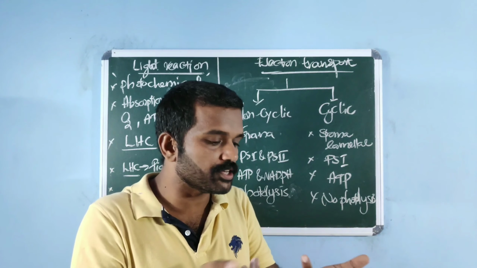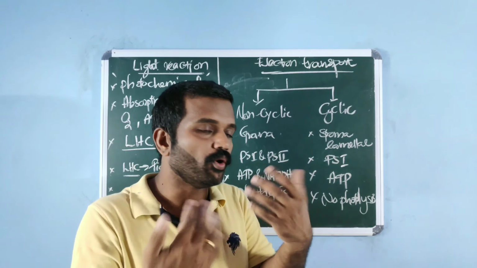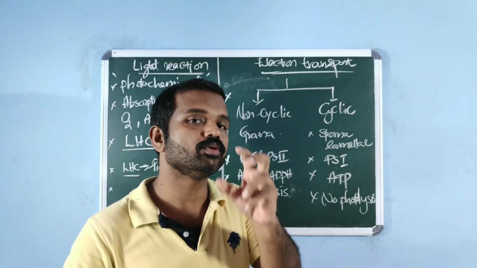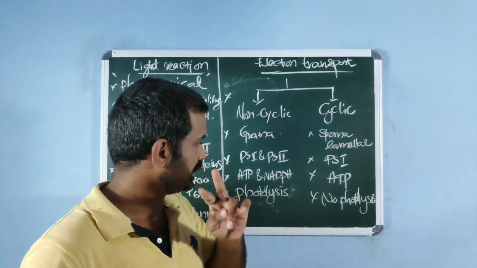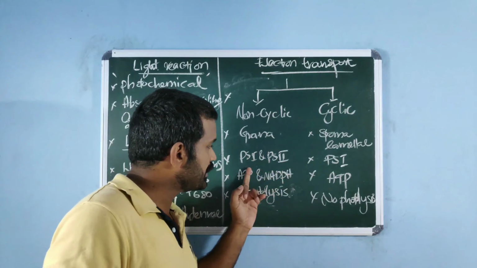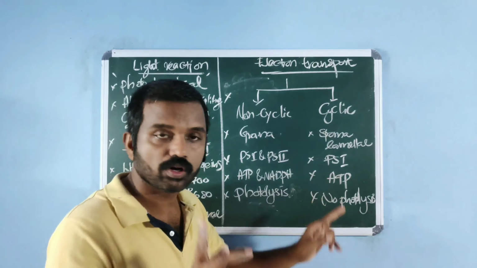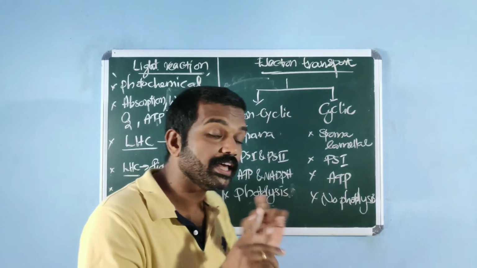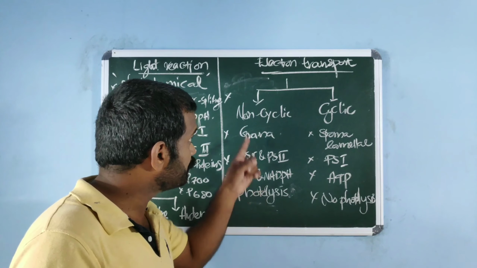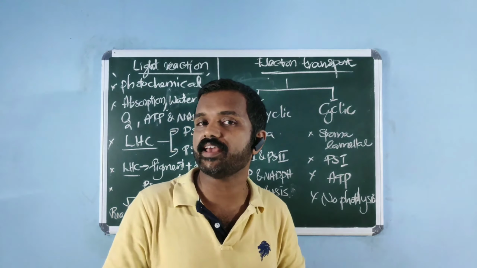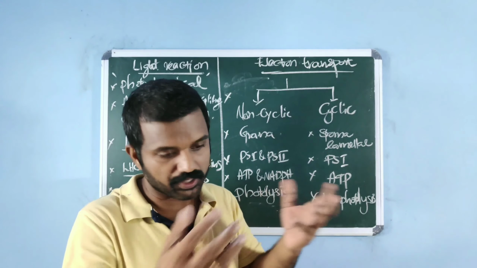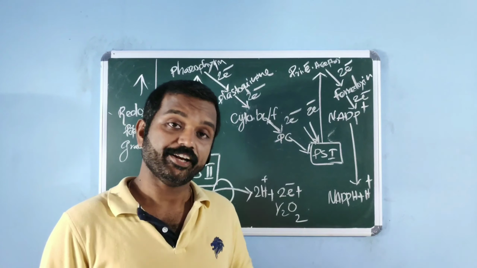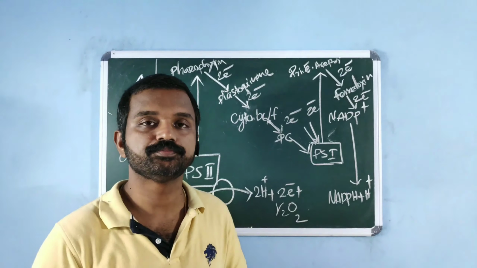Stroma lamella has no PS2, so no NADP reductase enzyme; it has only PS1, so only cyclic electron transport takes place. In non-cyclic, both PS1 and PS2 take part; here only PS1 takes part. Both ATP and NADPH are synthesized in non-cyclic; here only ATP is synthesized. Photolysis takes place during non-cyclic, which involves splitting of water and evolution of oxygen. But in cyclic, there is no photolysis.